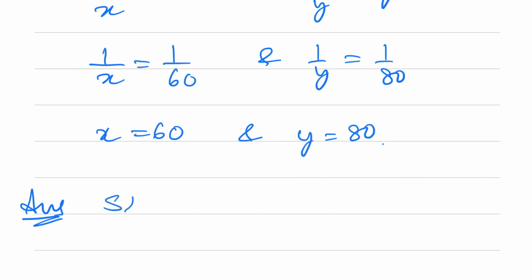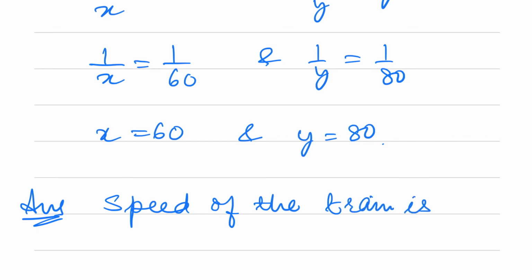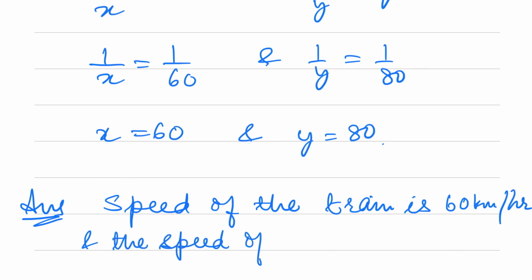So speed of the train is 60 kilometer per hour, and the speed of the bus is 80 kilometer per hour.